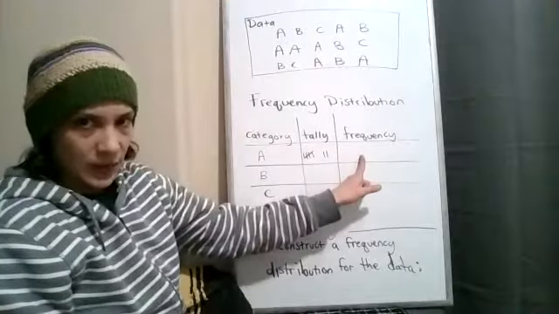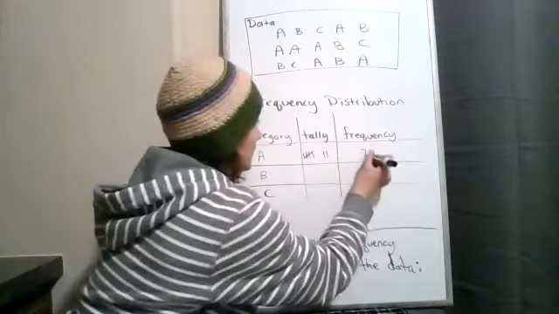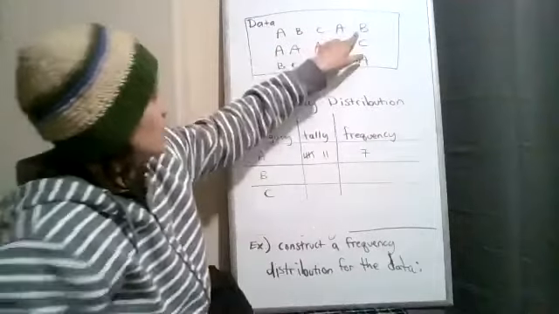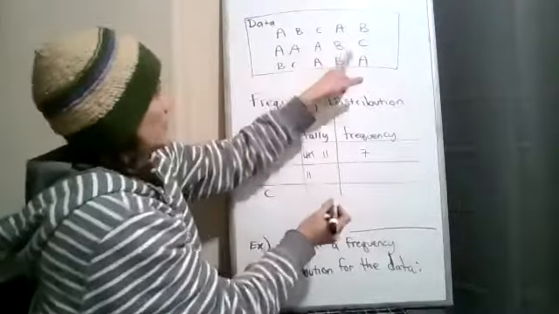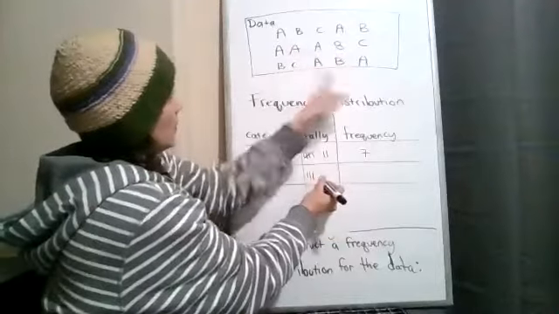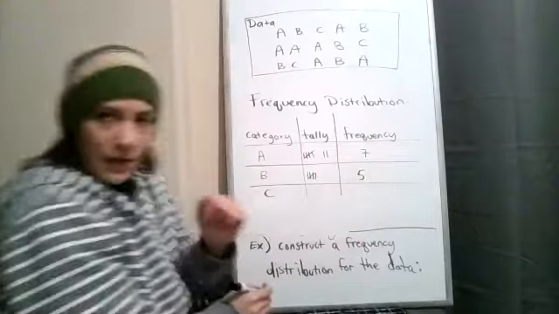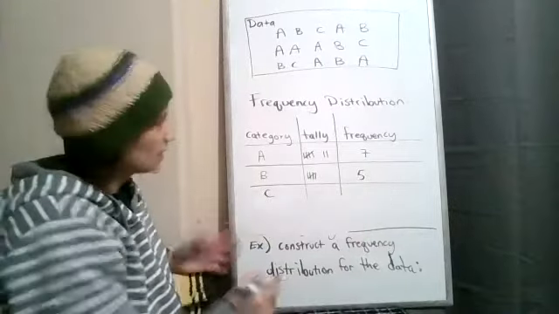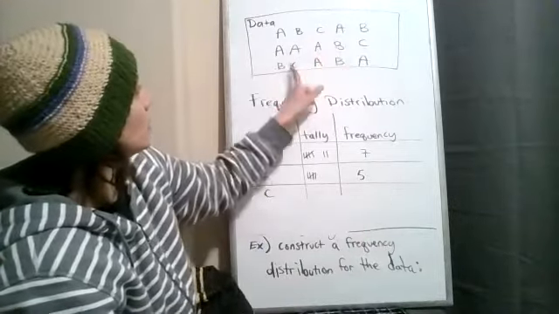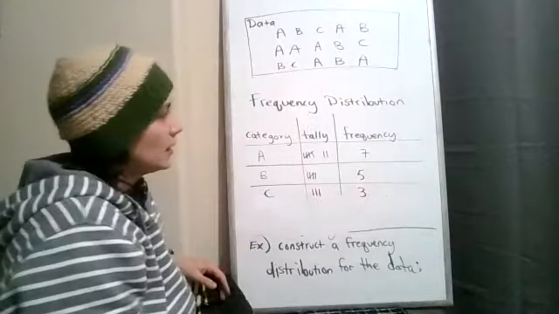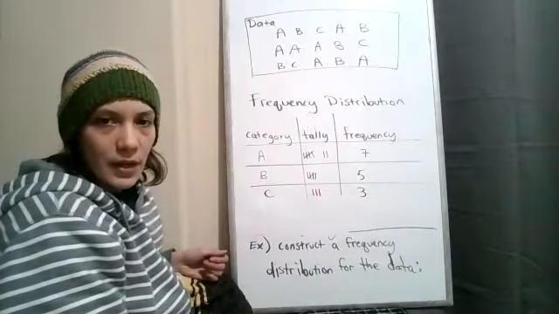All right, so I got 7 for A. B occurs once, twice, 3 times, I got 5 for B. C, 1, 2, 3. And then you're done.